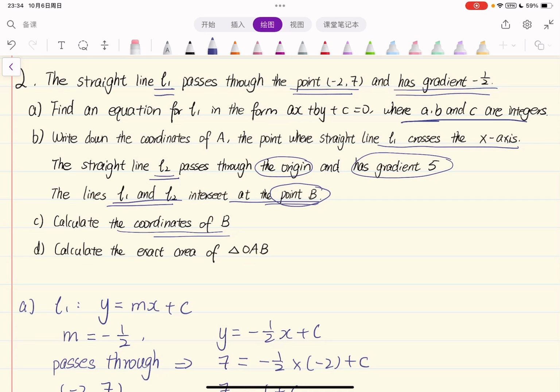We know the equation of L1 from part A, but we don't know the equation of L2, so we need to find it. From the question, we know that it passes through the origin and has gradient 5.